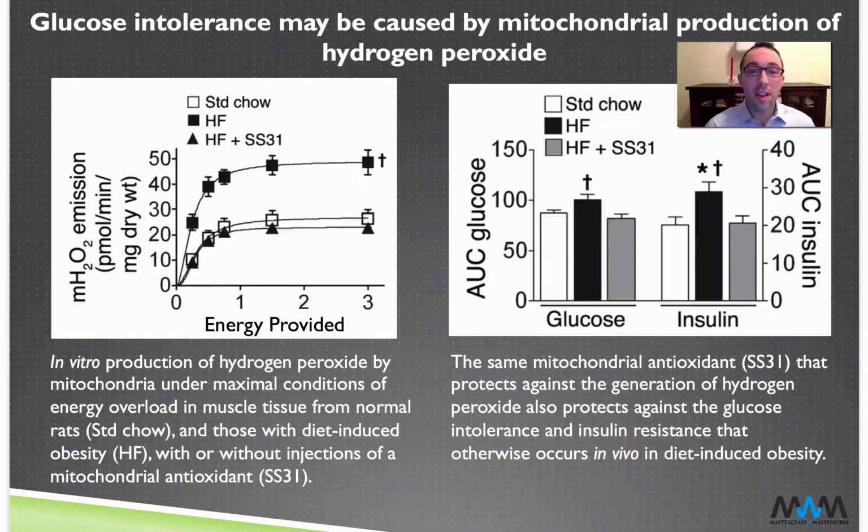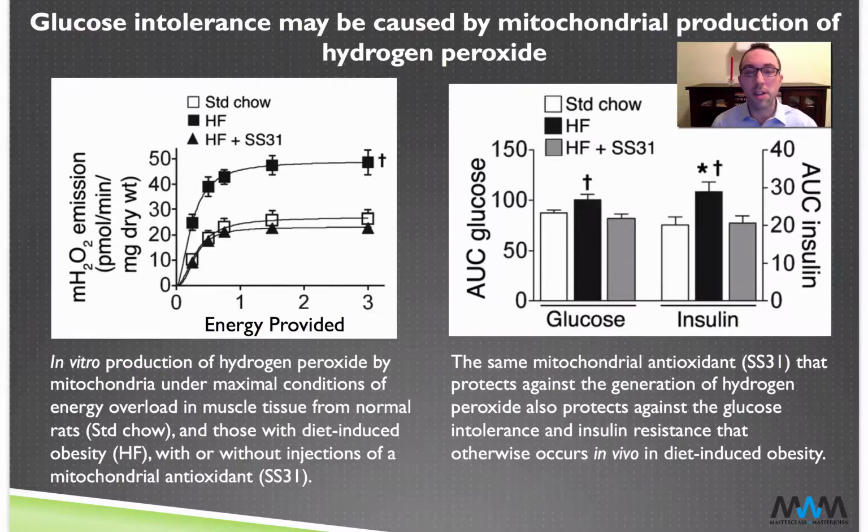What you see on the left is experimental evidence where the mitochondria were taken from the animals and then they were exposed in vitro, meaning in a dish, isolated from the living animal.